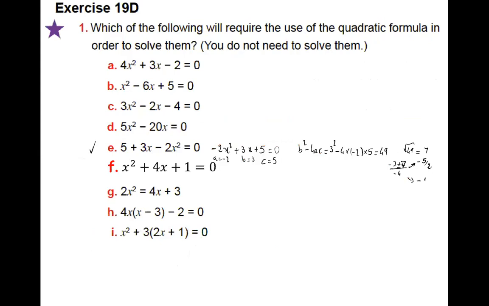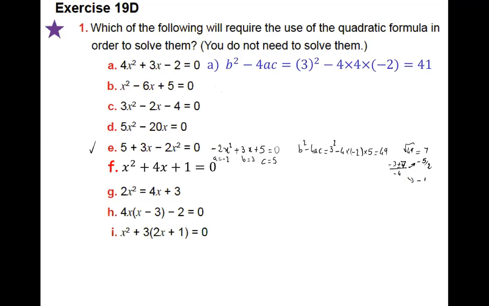So in this exercise here, we would ask which one will require the use of the quadratic formula. That's not a typical type of question you may get, because they told you here, do not solve them. If it was a proper exam question, you would be asked to solve them. So like we said, we're just going to use the discriminant to tell us if we need to use the quadratic formula or not.